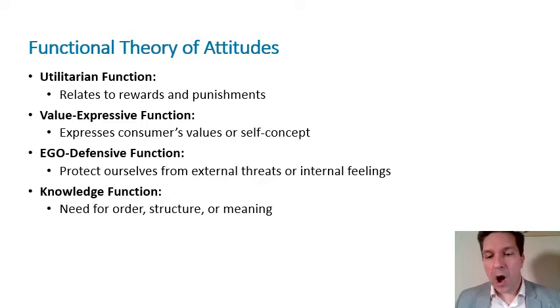But to have a holistic understanding of attitudes, we cannot just look at one model or one theory about attitudes, because they cannot explain everything that is true about attitudes or that we have found true empirically. So what we're going to do is go through a lot of these different explanations about how attitudes are created, how they work, how they are changed.